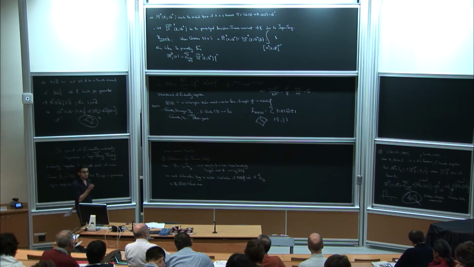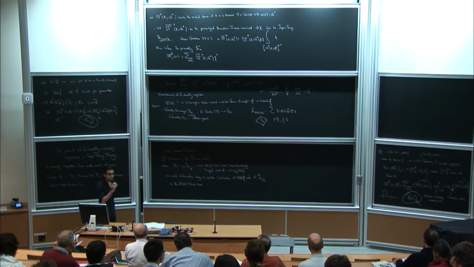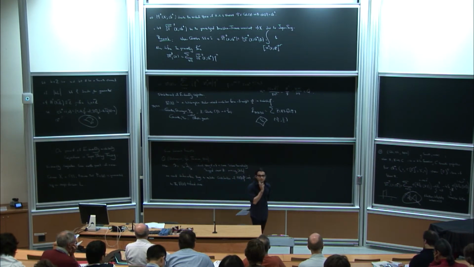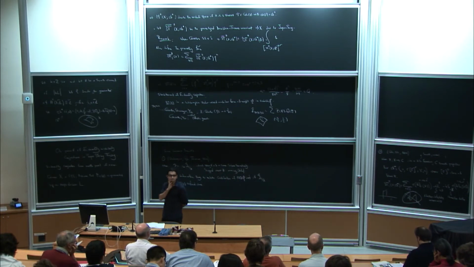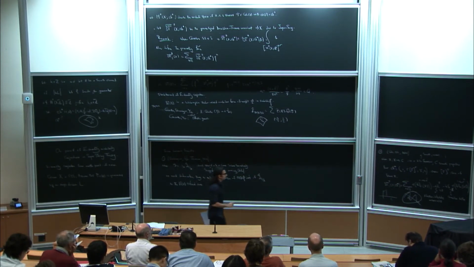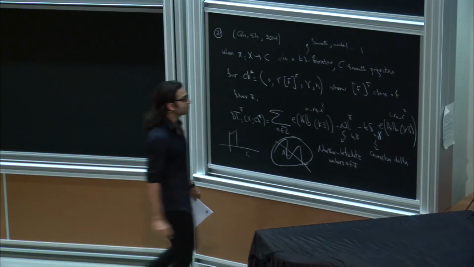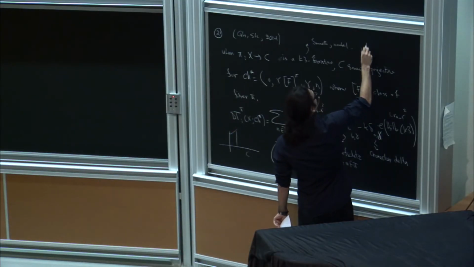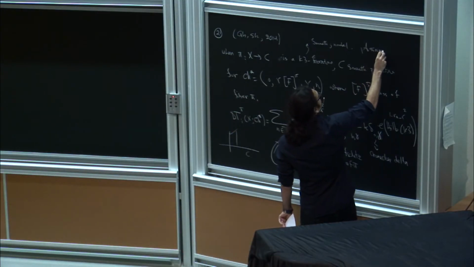So here is just one. L is just a fiber. L is just a class of fiber. And also here we are using the assumption that semi-stability is the same as stability.